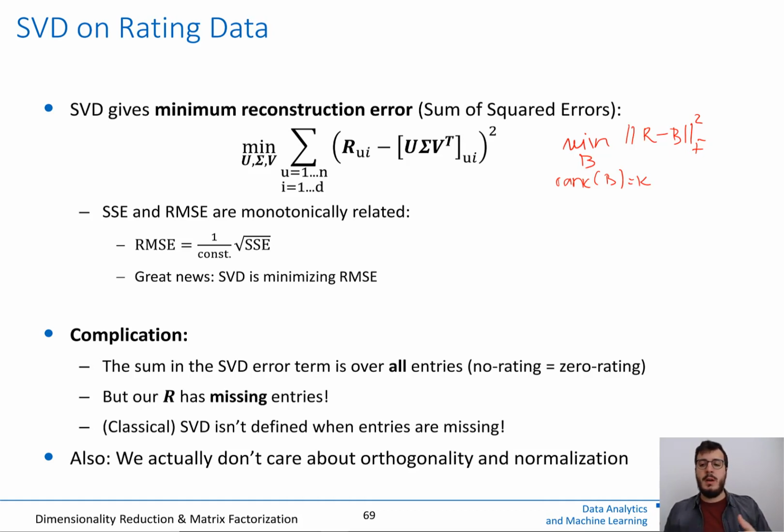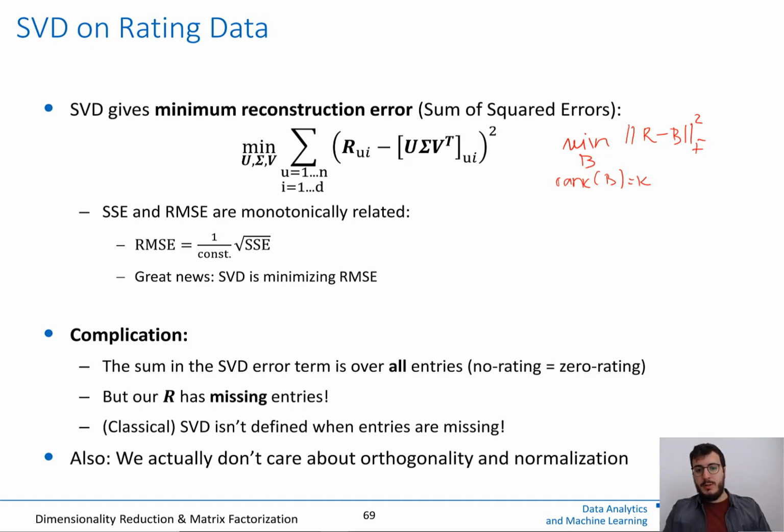So we can construct a low rank matrix of rank K by taking the K first singular values and K first left and right singular vectors, put them into the matrix B, and this will give us the optimal reconstruction error in terms of Frobenius norm.